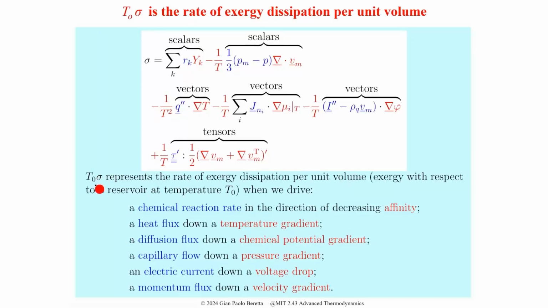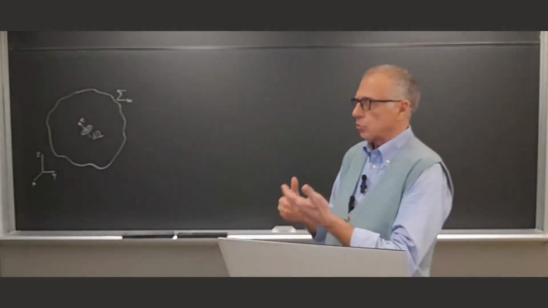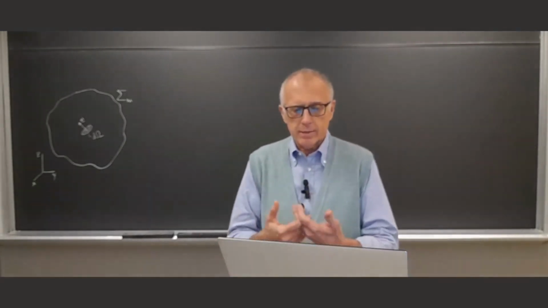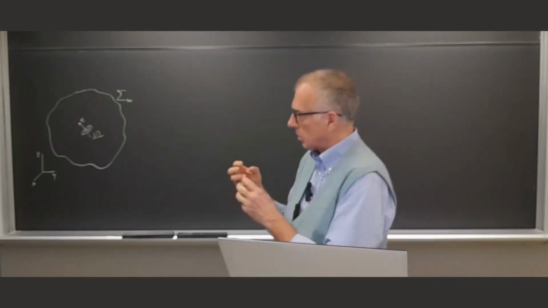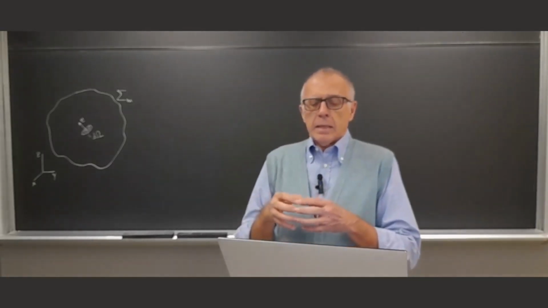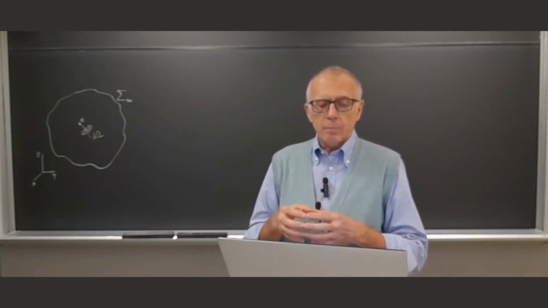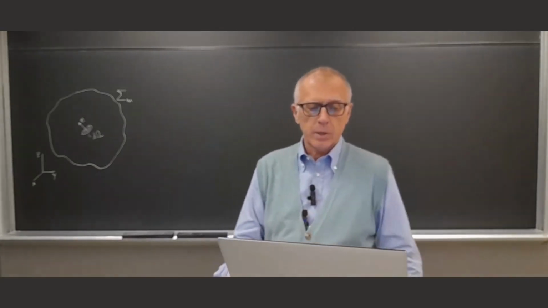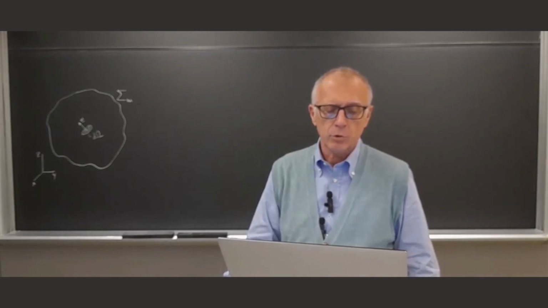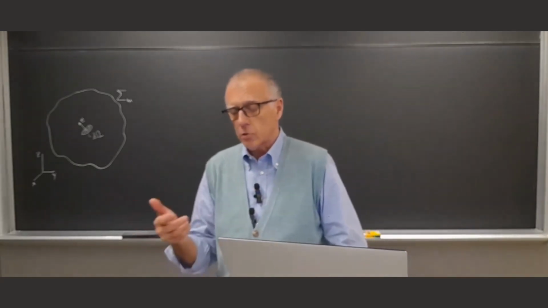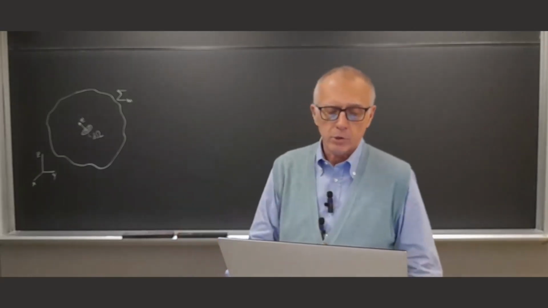And if we recall what we said about exergy, you can also read this expression as a representation of how locally your fluid or continuum is dissipating exergy. Multiply that by the temperature of the environment or the reservoir with respect to which you want to measure exergy.